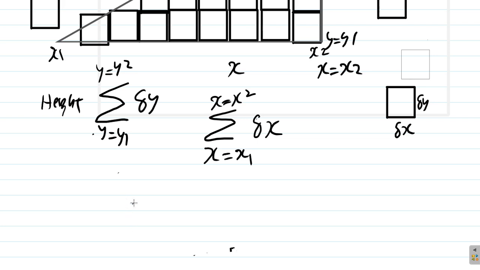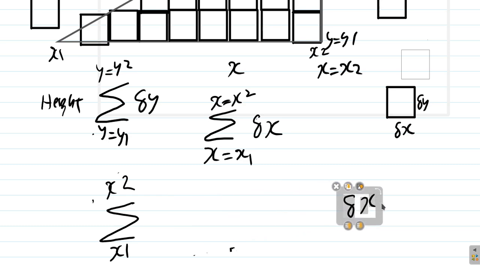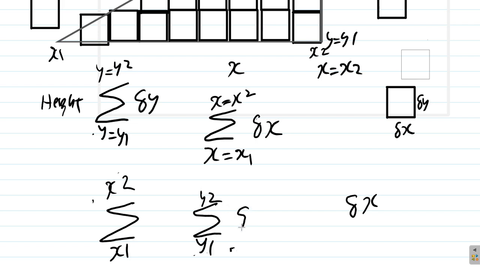What we're doing is we're adding up the x's from x1 to x2, and it is delta x that we're adding up. And then when we do, we're also adding up the y's. Let's add the y's first. We're adding up the y's from y1 to y2, stacking up the heights from the floor to the ceiling.